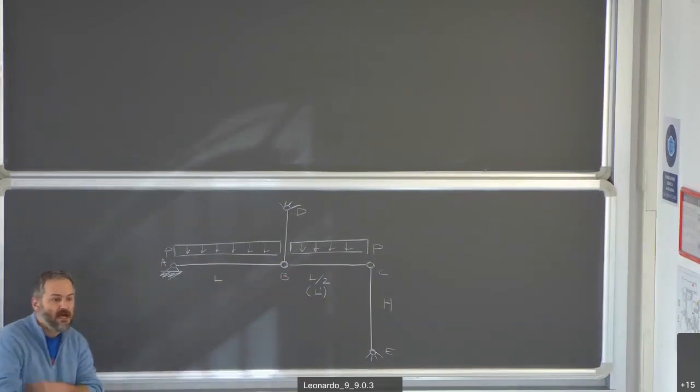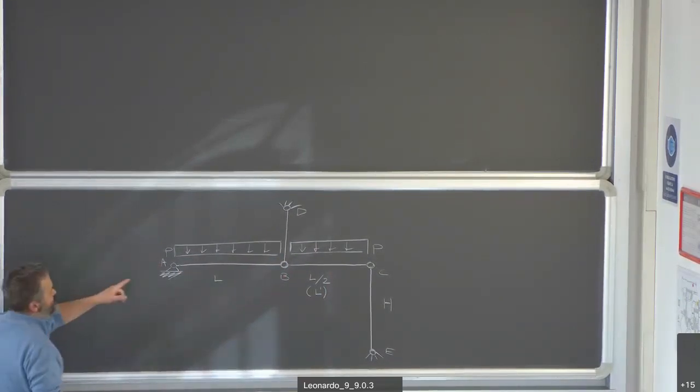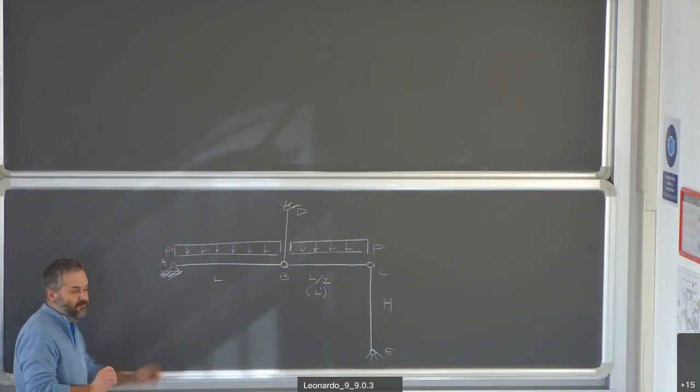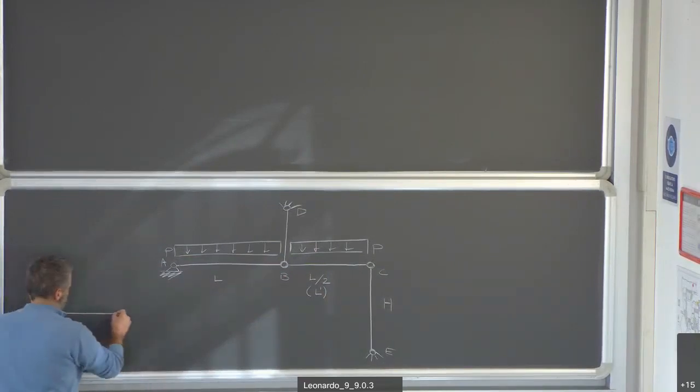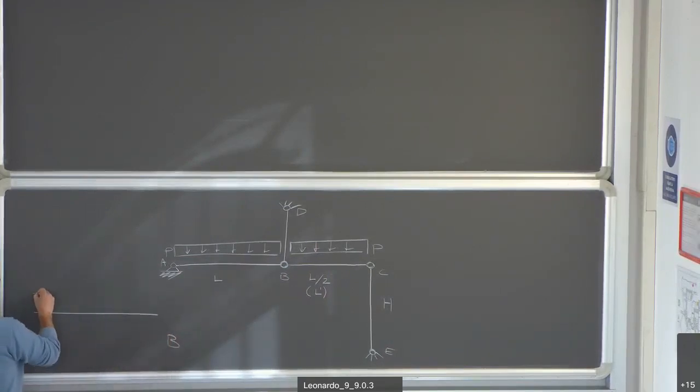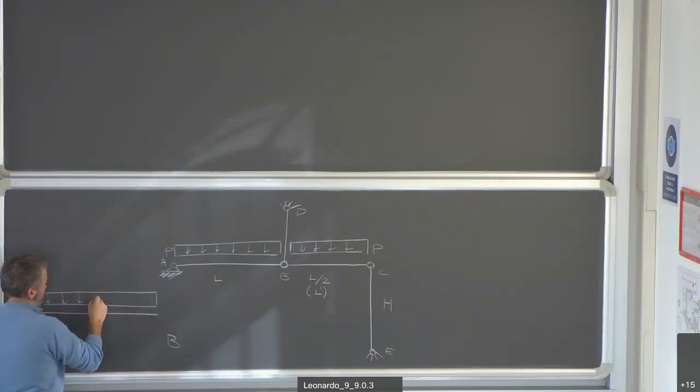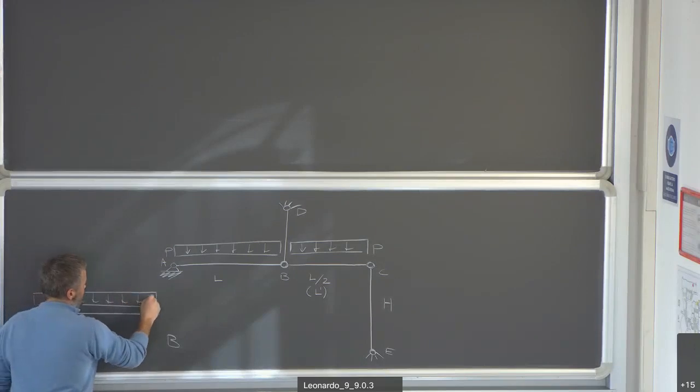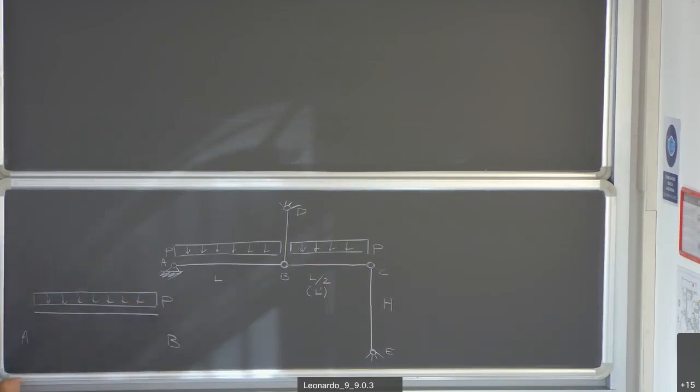I can show it now to you. Let's start with AB. This is A and this is B. We have a distributed load, which is P. What are the most general forces we can have at the two boundaries?